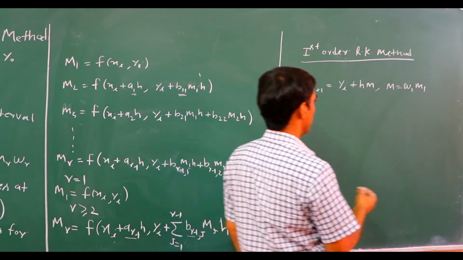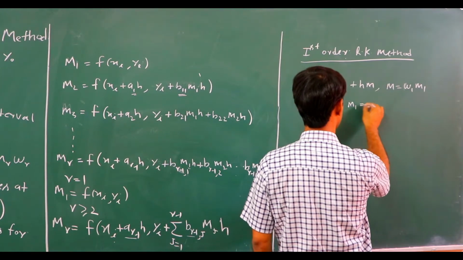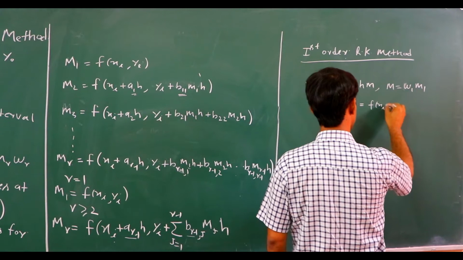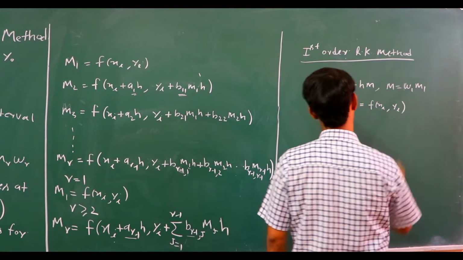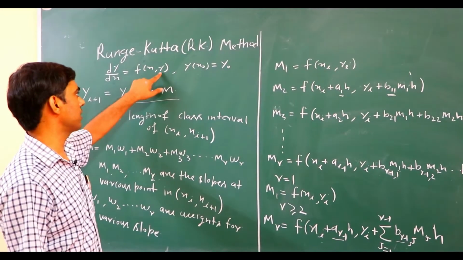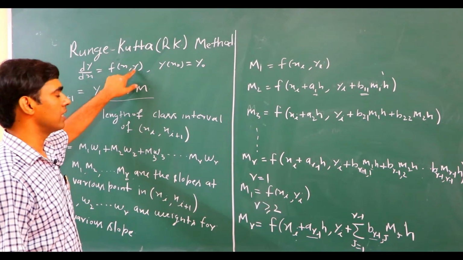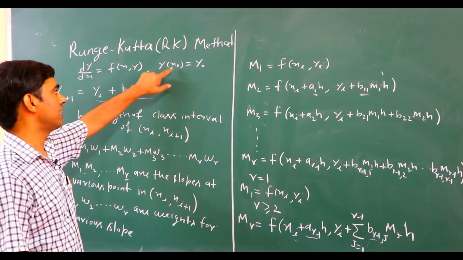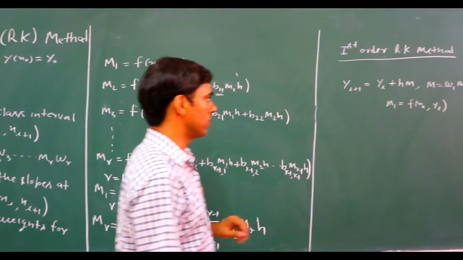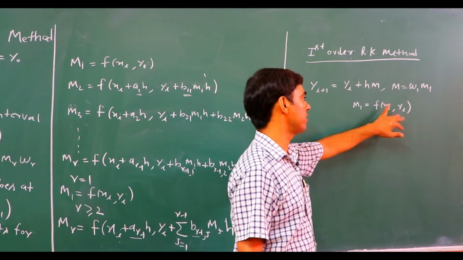So what is the value of M1? Because there is a single slope, this is the slope at xi and yi, dy by dx equals f(x, y). So we try to find the slope at xi yi for the general value. At x0 y0, what is the slope? f of x0 y0. So at xi yi, the slope is f of xi yi.